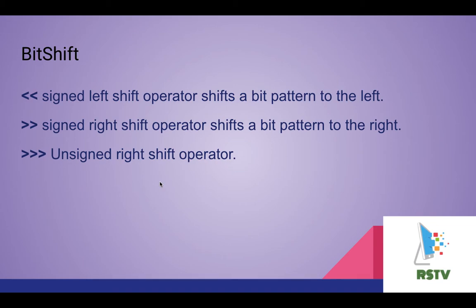For the left shift operator, the number of positions to shift is given by the right-hand operand. For the right shift operator, the number of positions to shift is given by the right-hand operand as well. The unsigned right shift operator always fills with 0, irrespective of the sign of the number. We'll see an example for clear understanding, don't worry.